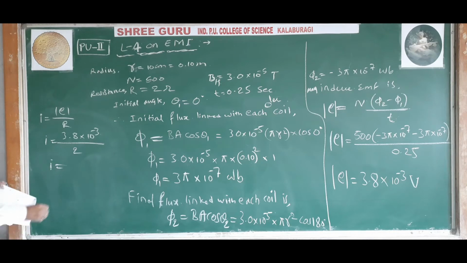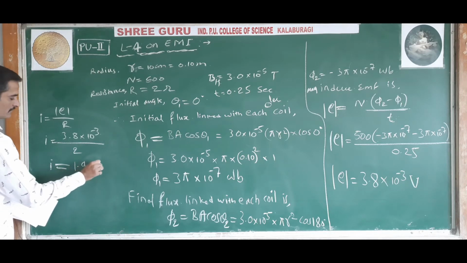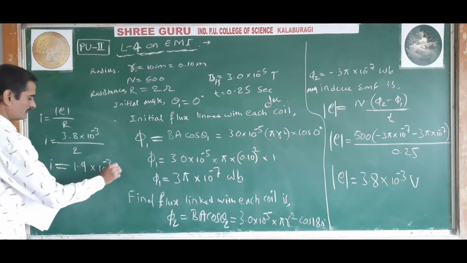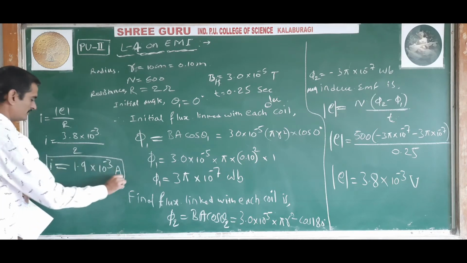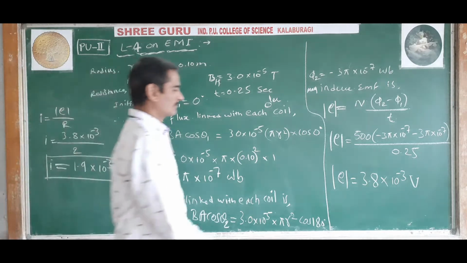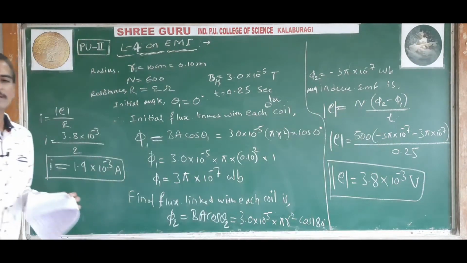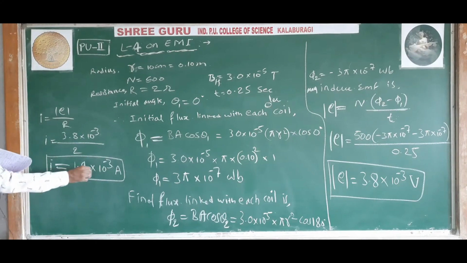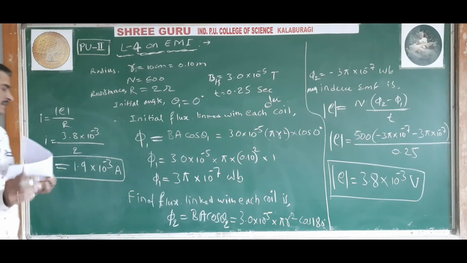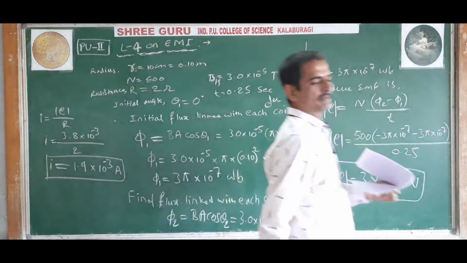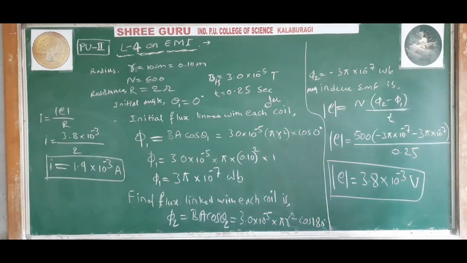So how much will it be? 18 and 19, that is 1.9 into 10 to the power minus 3 ampere. So this will be the induced current and this will be the induced EMF: 3.8 millivolt induced EMF and induced current 1.9 milliampere.